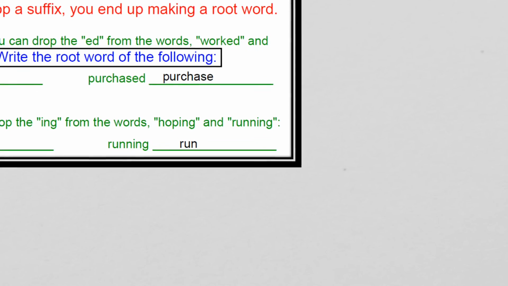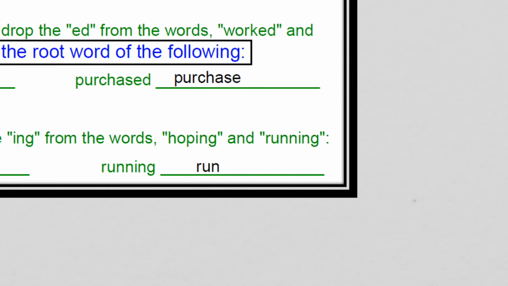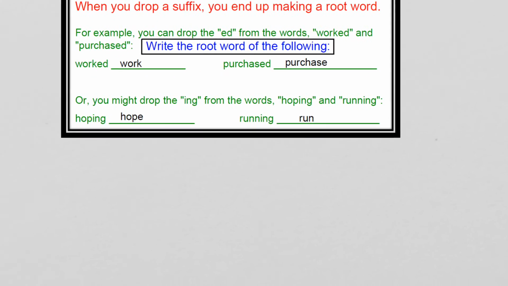Be careful here. Notice the word purchase is spelled P-U-R-C-H-A-S-E. So the root word purchase has an E at the end, and that will happen sometimes. So make sure that you're spelling your root words correctly.